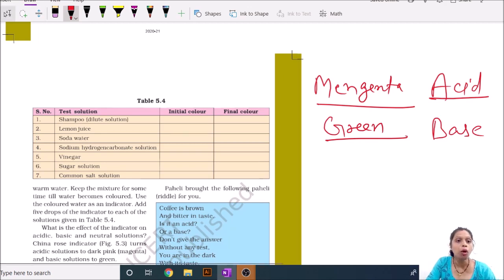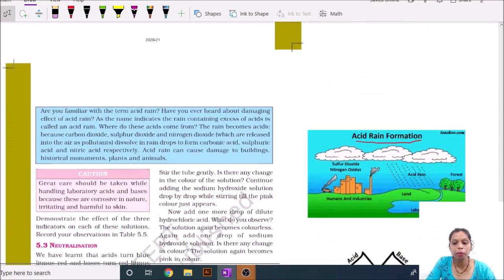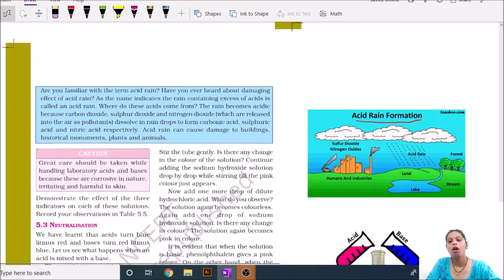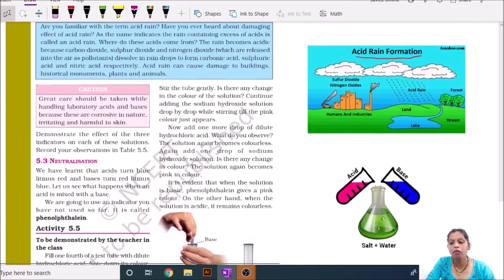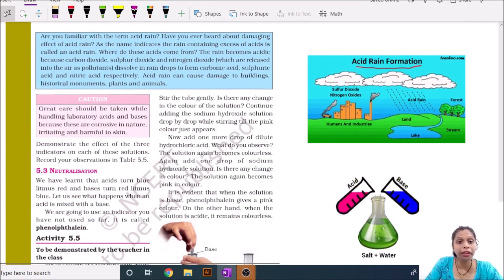Okay. Now we are going to discuss the process of acid rain. How sometimes rain is transformed into acid and comes over the earth, and it is very dangerous for everybody, and it can even damage buildings, historical monuments, plants and animals simultaneously.